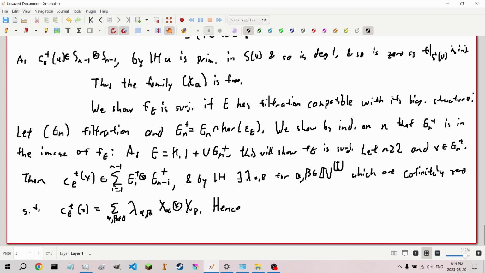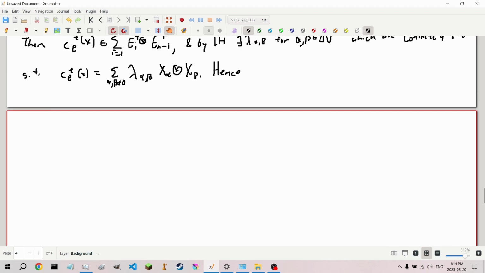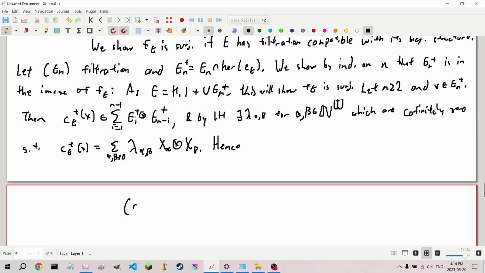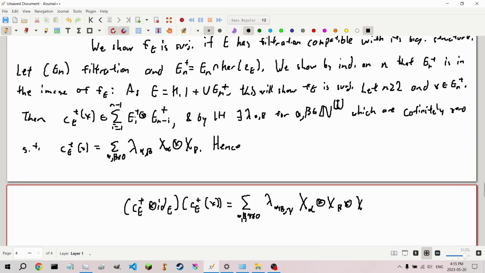Hence, by the previous formula, we have that Δ_E^+ acting on the left of Δ_E^+ of x is the sum for alpha, beta, gamma being non-zero of lambda of alpha plus beta, gamma of x_alpha tensor x_beta tensor x_gamma.